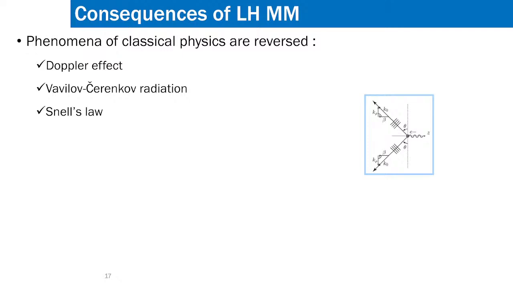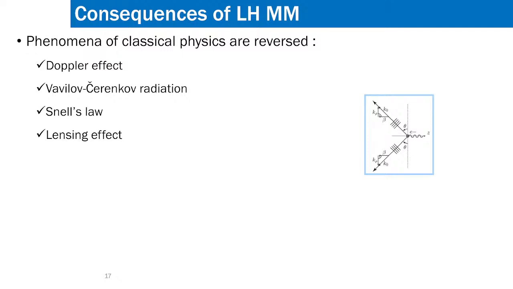But in DNG material, the refracted wave will come out in quadrant 3. So instead of coming out in quadrant 4, it comes out in quadrant 3. So there is a reversal in the direction of the wave in Snell's law.